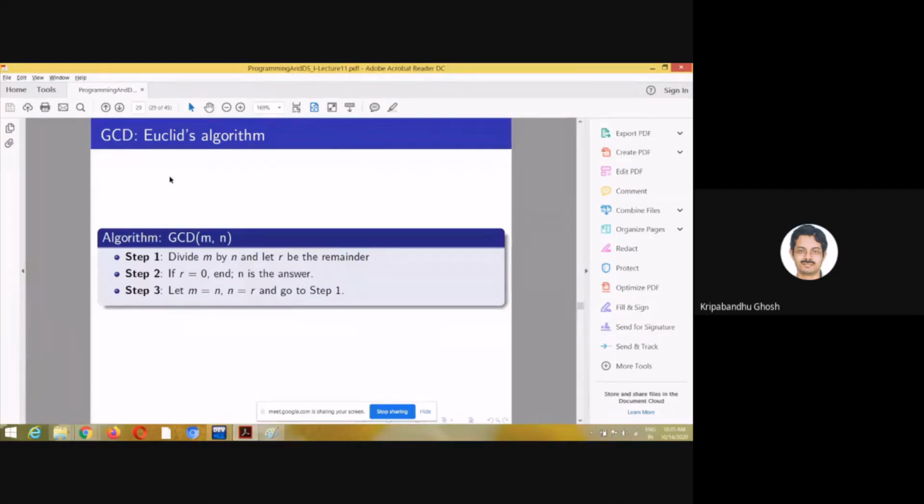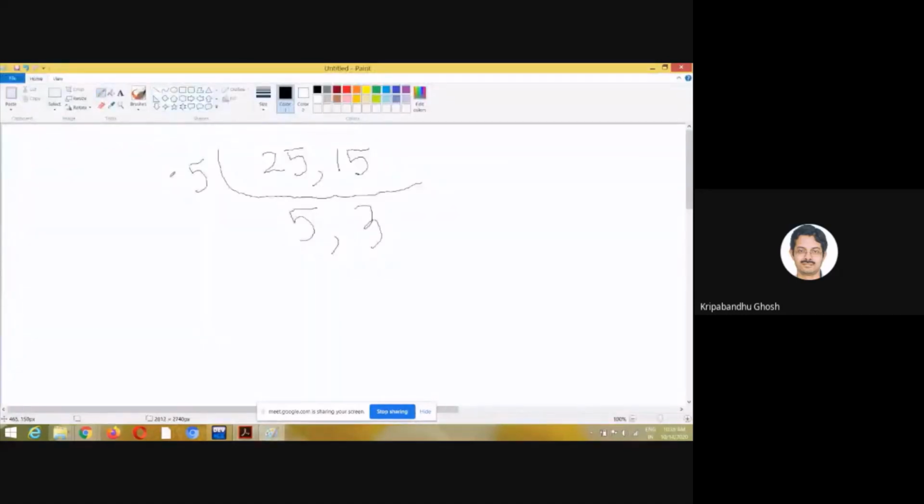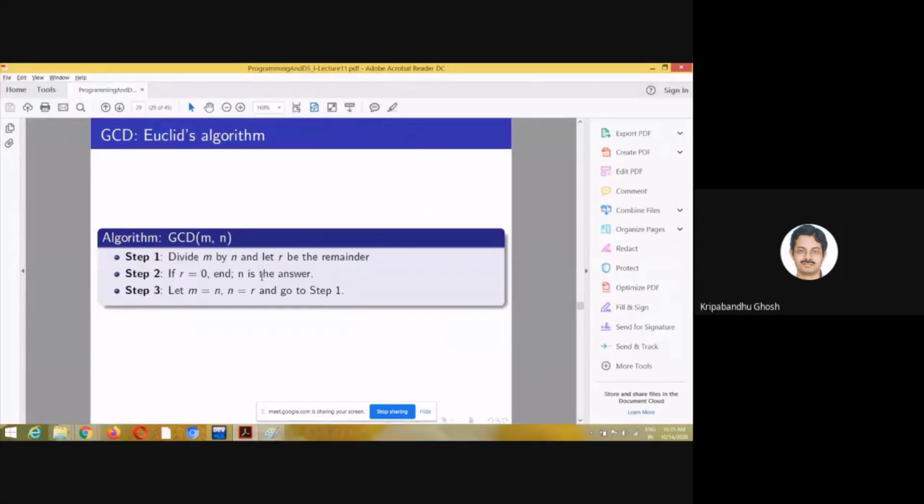So Euclid's algorithm is supposed to be a much more efficient solution. That's why Euclid's algorithm is more popularly used. But obviously, you can write a program to find out all the factors, and you can also do that. For smaller numbers, it doesn't make too much of a fuss.